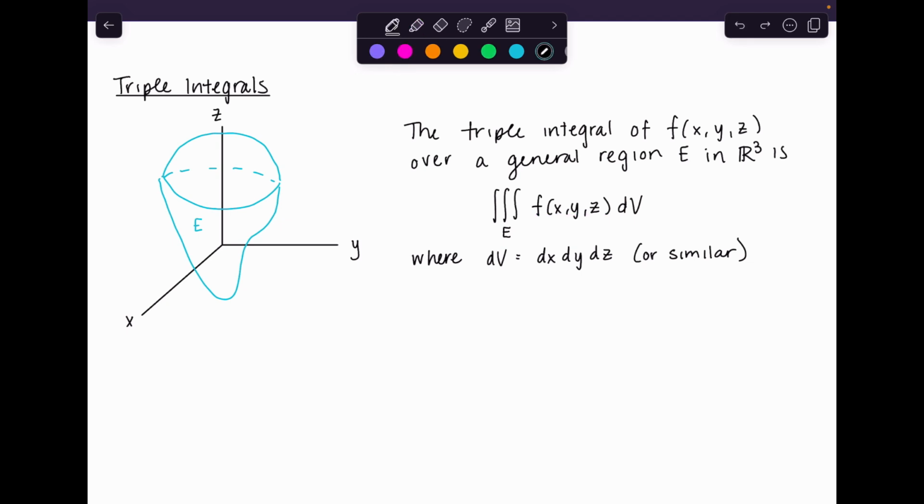Okay? So just to reiterate what I said. If this inside function is really just 1, then the volume of E is given by this triple integral.